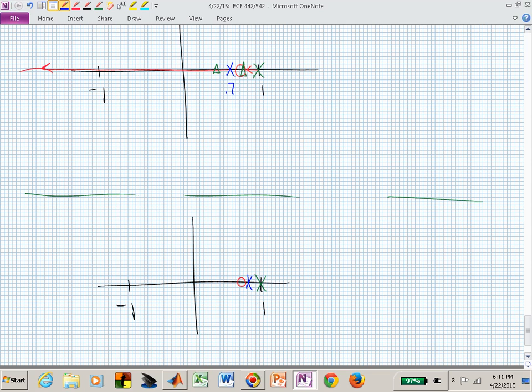What's this root locus look like? Can you see it? What's the pole 0 excess? 1. How many asymptotes do you have? 1. Where is it? 180. Is this going to look the same as the last root locus?